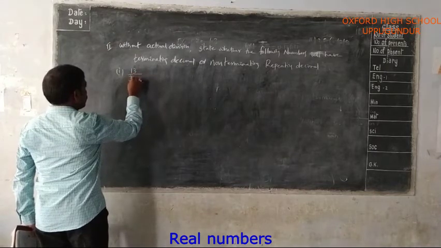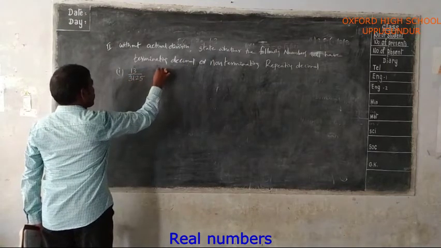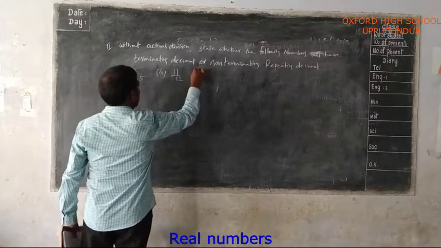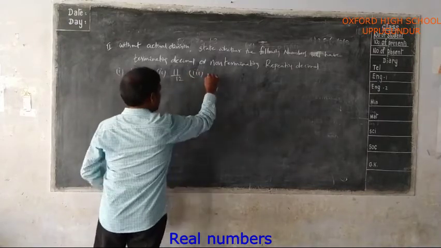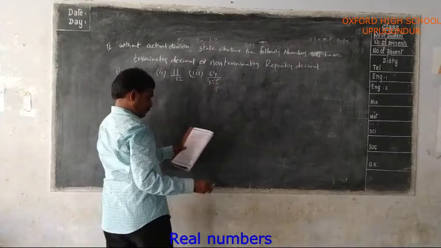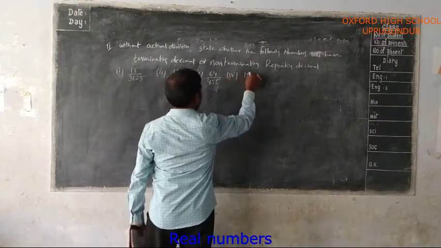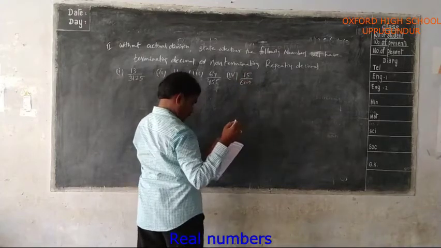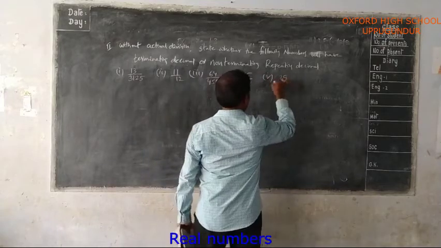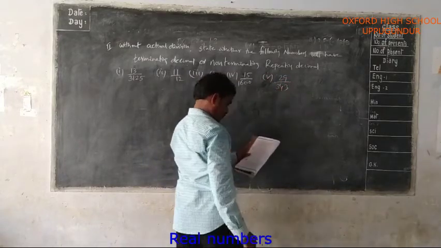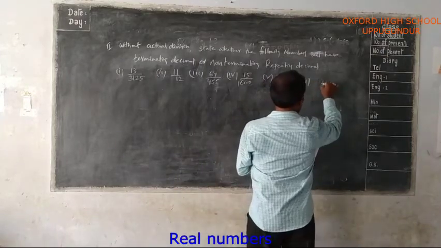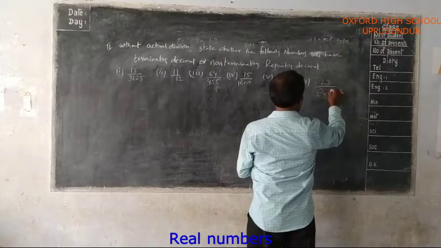First, 13 by 3125. Second, 11 by 12. Third one, 64 by 455. Fourth one, 15 by 1600. Fifth one, 29 by 343. Sixth one, 23 by 2 cube into 5 square.